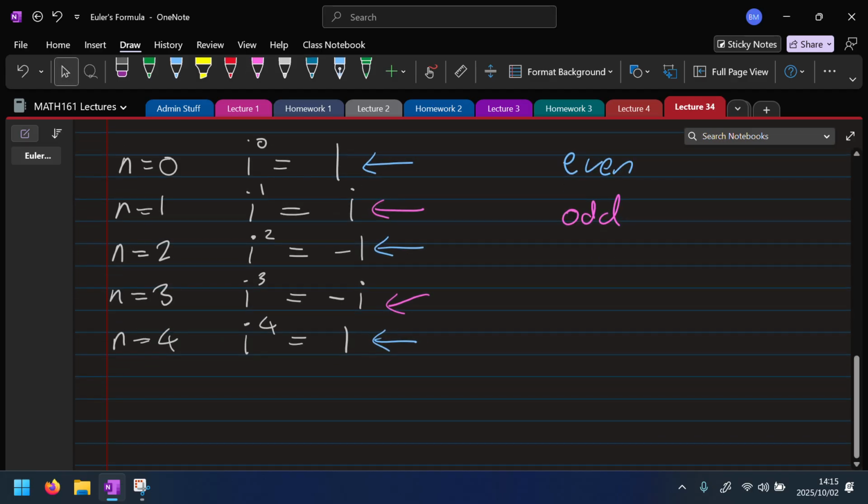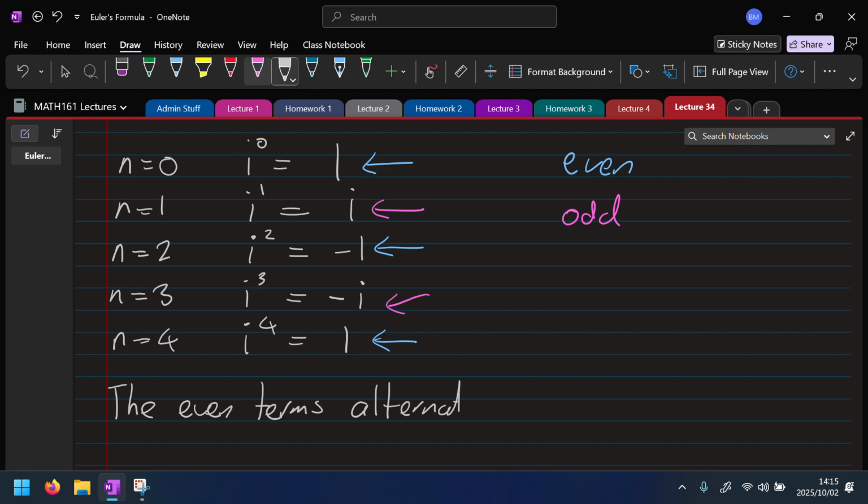So you see the even ones alternate: 1, minus 1, 1, minus 1, and so on. So the even terms alternate plus minus 1. Okay, so plus 1, minus 1, plus 1, next one will be minus 1, and so on.